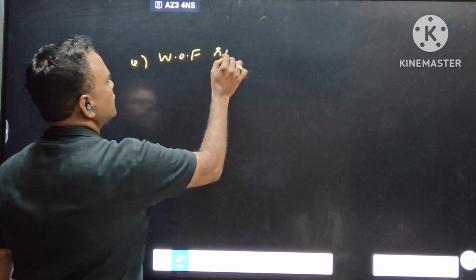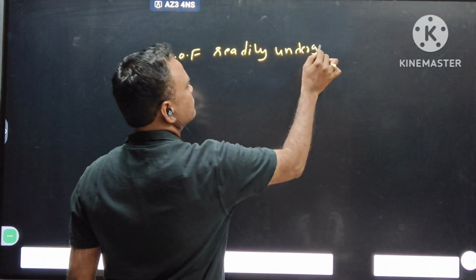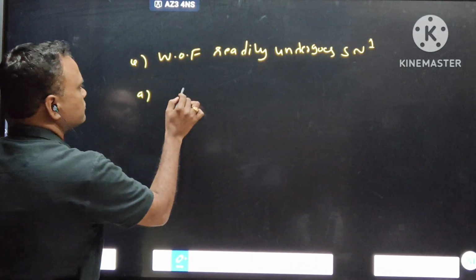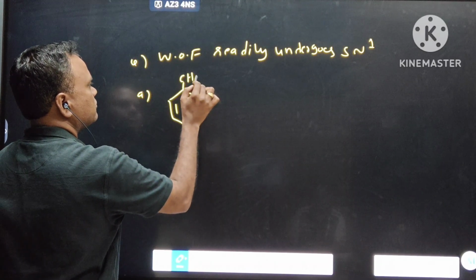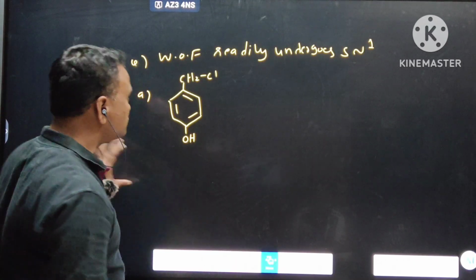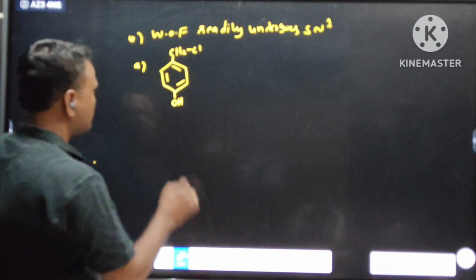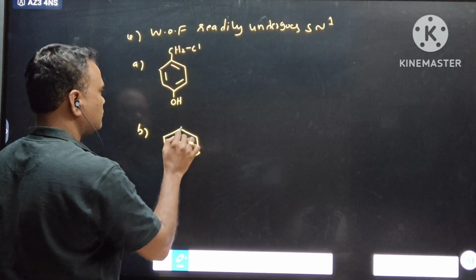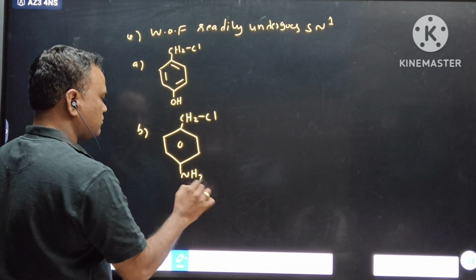Which of the following readily undergoes SN1? Benzyl chloride connected to OH, NH2.